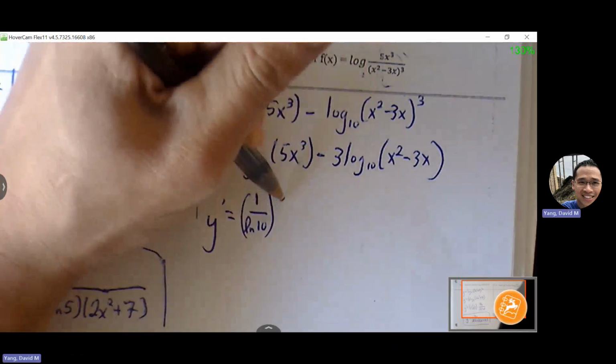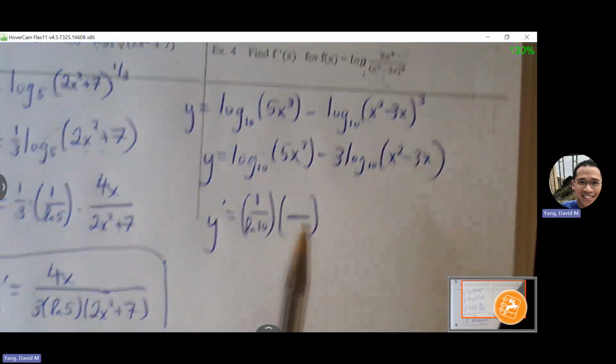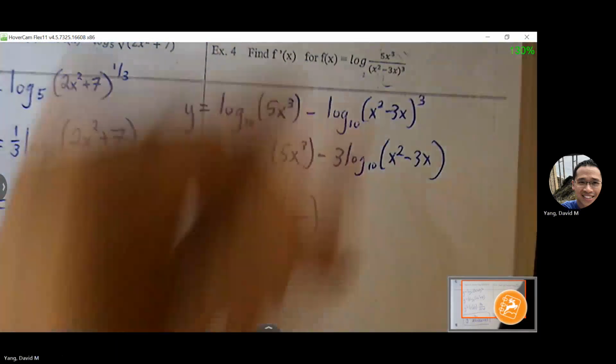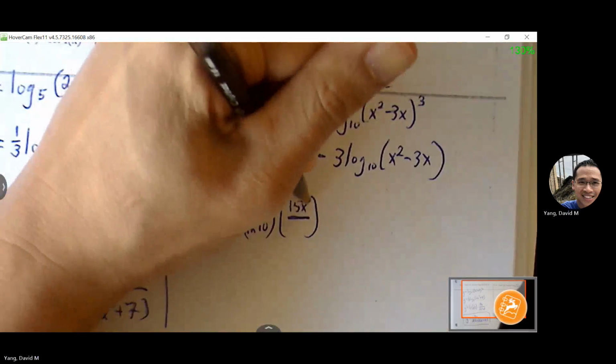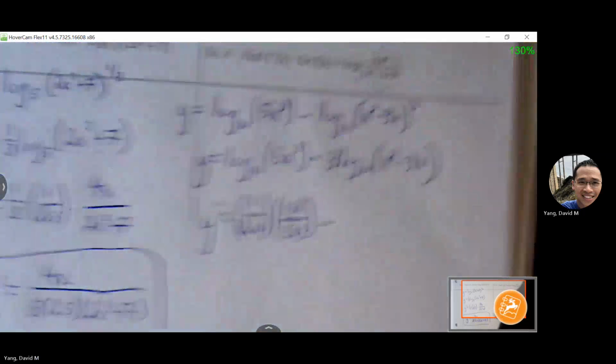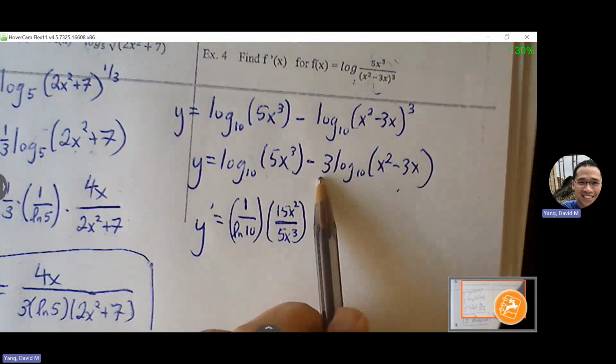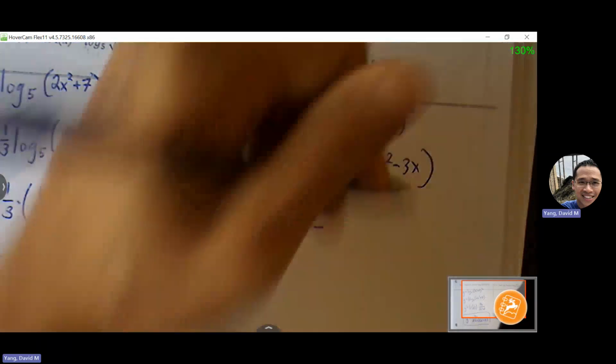That's just the number, just the coefficient. That's going to go in front of my true derivative, u prime over u. Okay, what's my u prime? Over 5x cubed. Basically, u prime over u with that conversion and the coefficient. So I just have to put all three together.